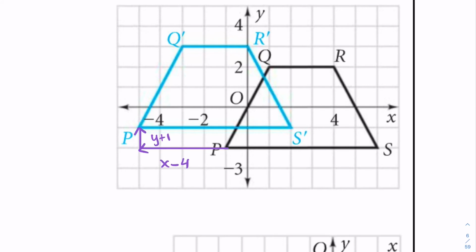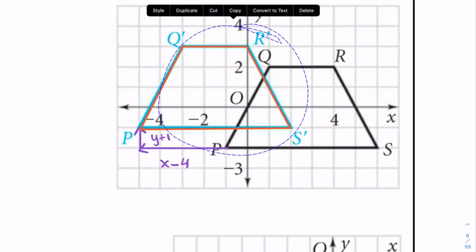And again, the whole trapezoid is doing this. So if I map it out, I have these 4: 1, 2, 3, 4, up 1, and there we are.